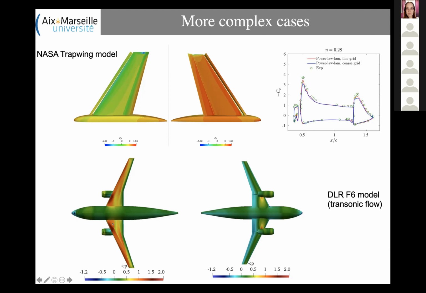The bottom part corresponds to what we got using our Lattice-Boltzmann approach. And you can see that flow topology is very well recovered using Lattice-Boltzmann in that case.